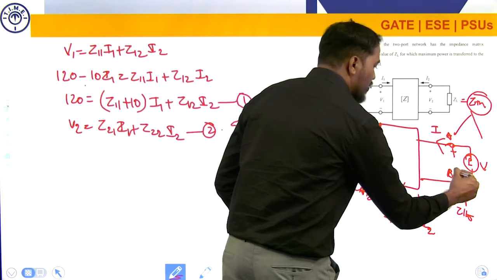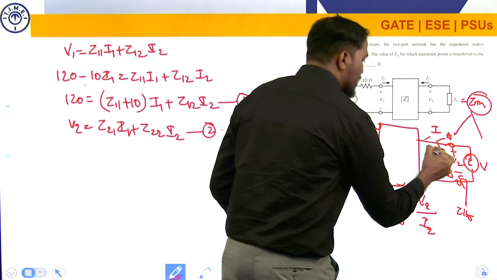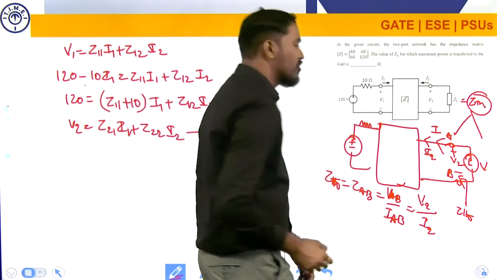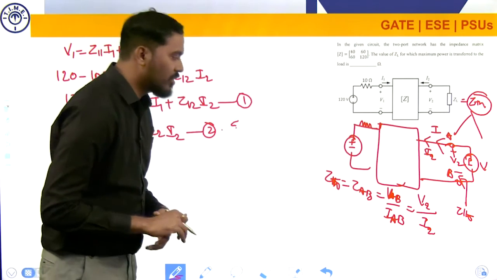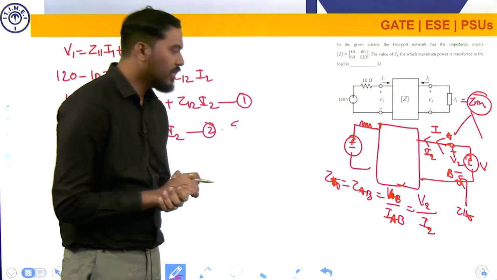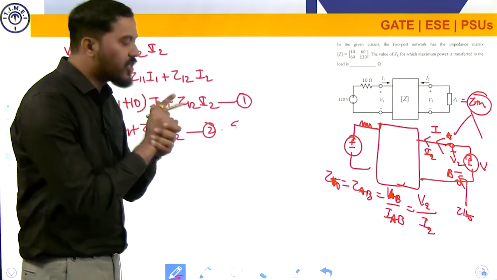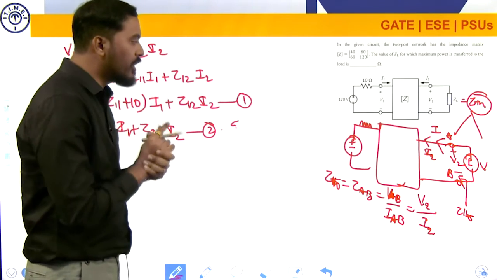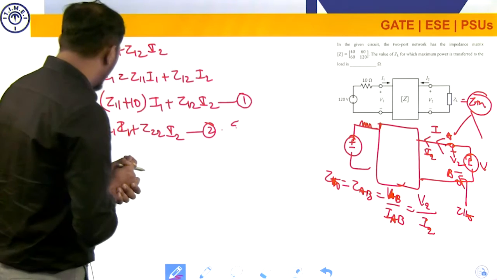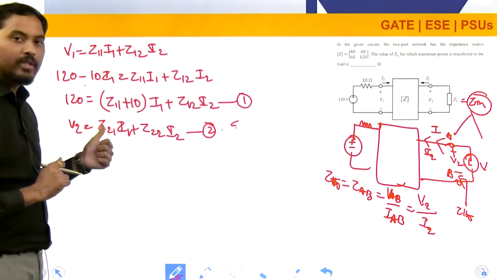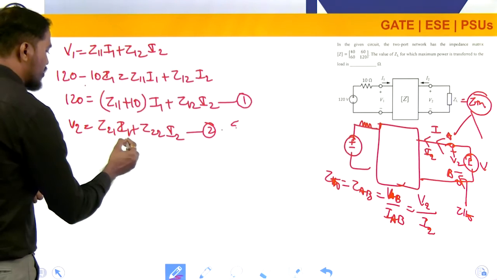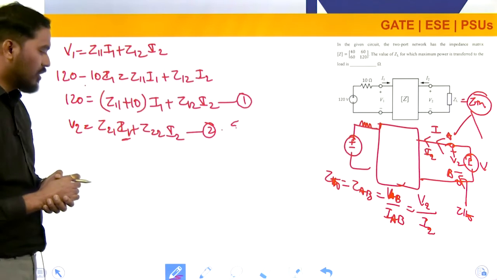So this is your V2 and this is your I2. The ratio of V2 by I2 is nothing but your ZTH, right? So please select an equation where you have V2 and I2. That is equation number 2. But the only issue is you have a term called I1. No problem.